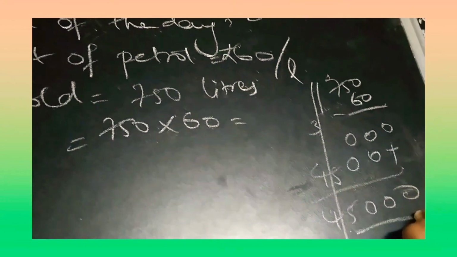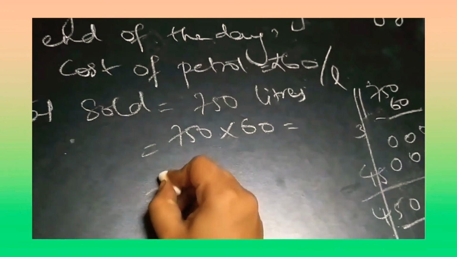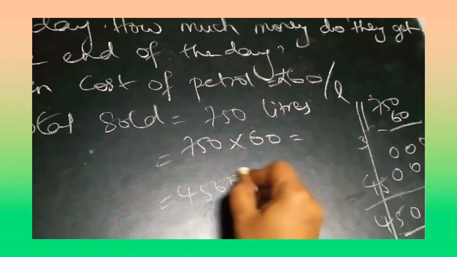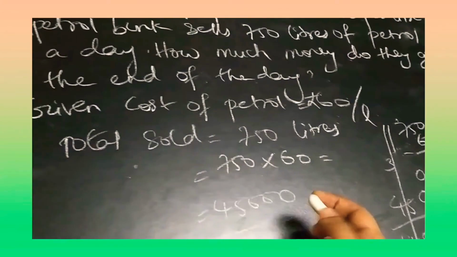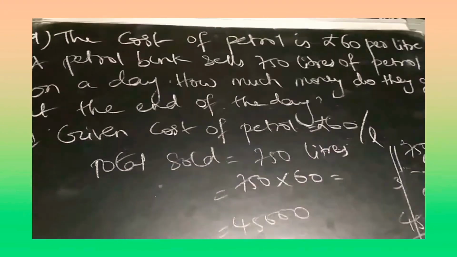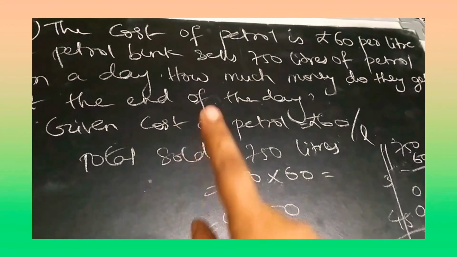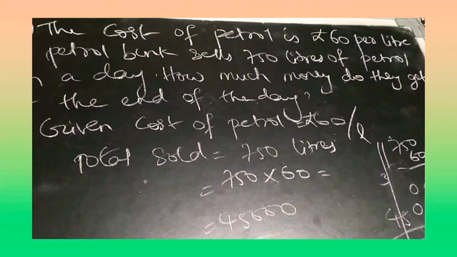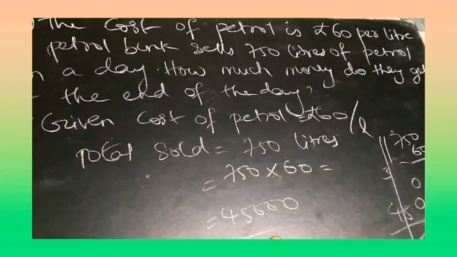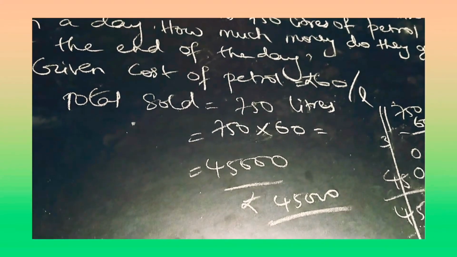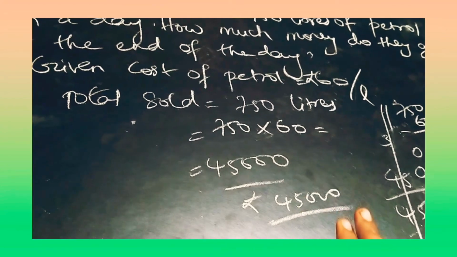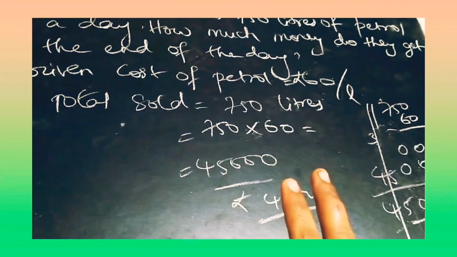So the answer here is 45,000. How much money means it is rupees 45,000. Or you can write that they get rupees 45,000 at the end of the day.